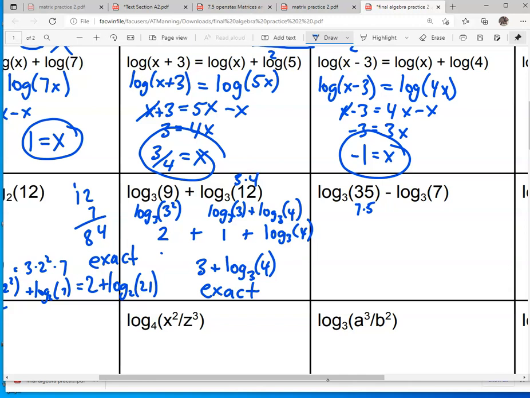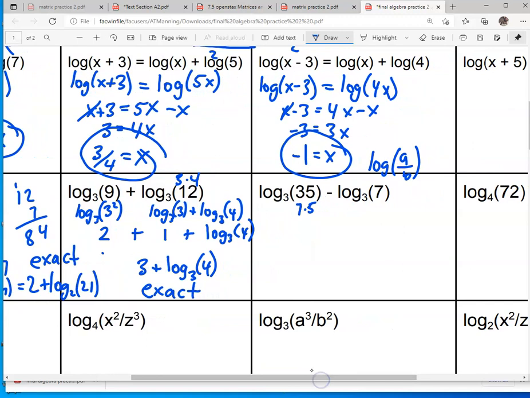Well, I can remember my division rule for logarithms. When I'm subtracting logarithms, remember, I'll just write it down here, log of a divided by b is equal to log a minus log b. Look, I have log something minus something.